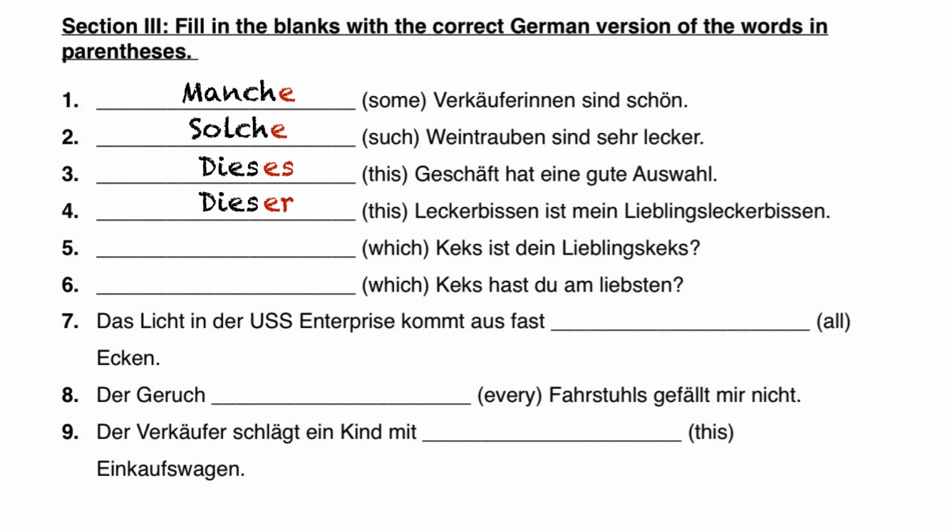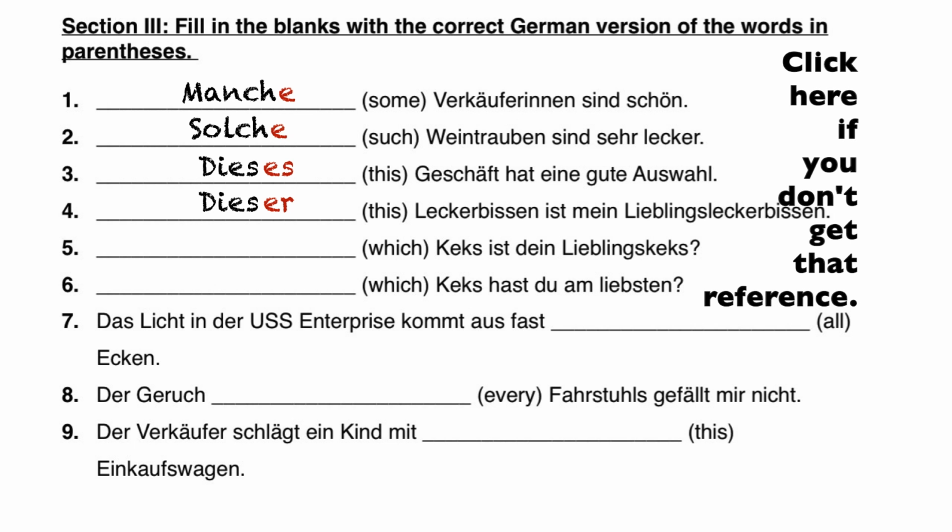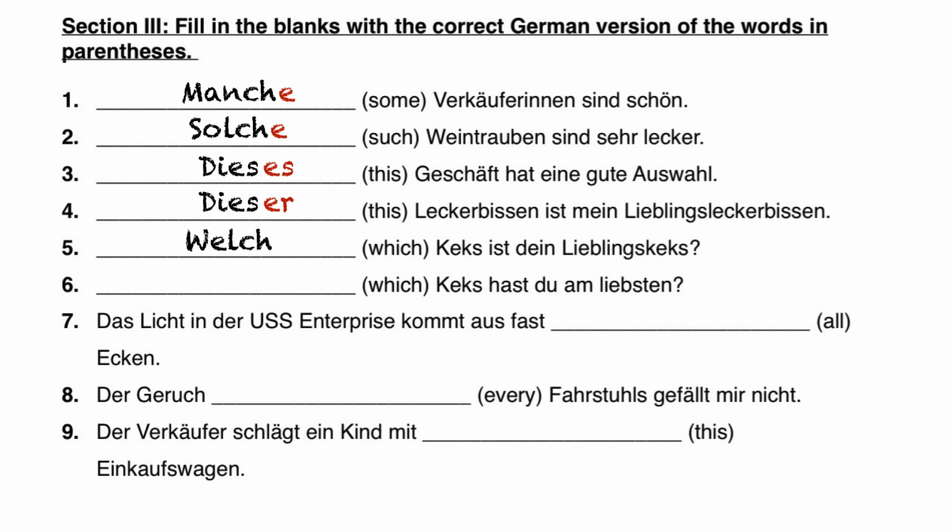In the next one, we need the word for which, as in which is which. So we start off with the base form, welch, and then we have to add an ending to go with the gender and case. Keks is a masculine noun and is the subject of this sentence. So we say, welcher Keks ist dein Lieblingskeks? What cookie or which cookie is your favorite cookie?